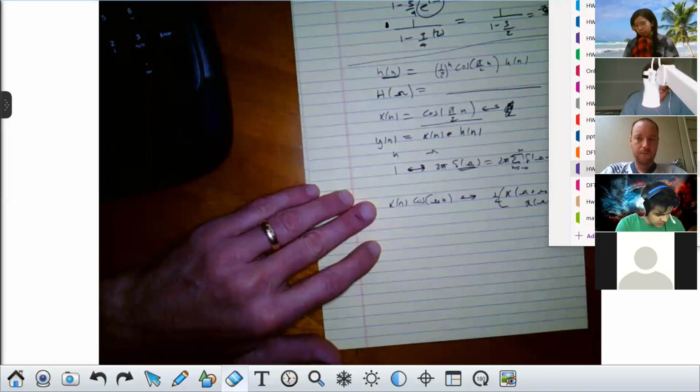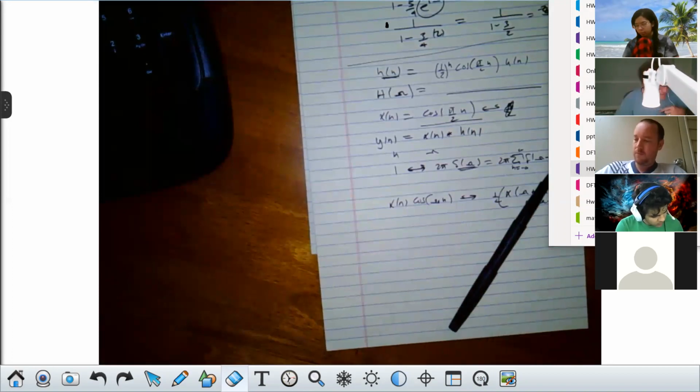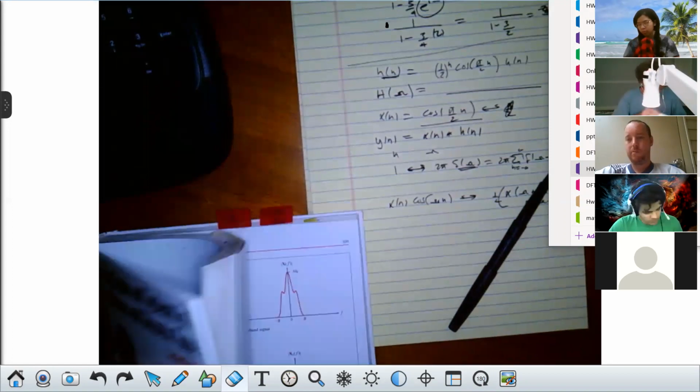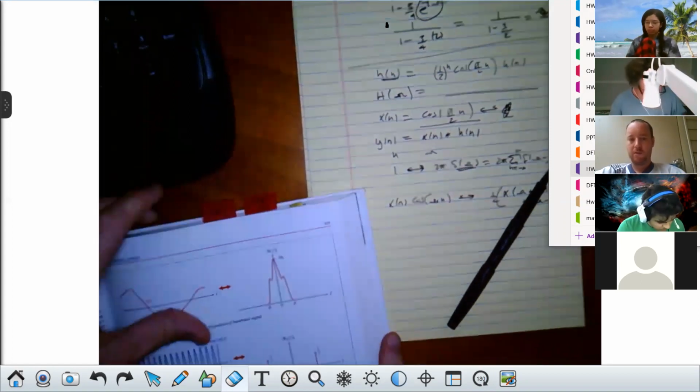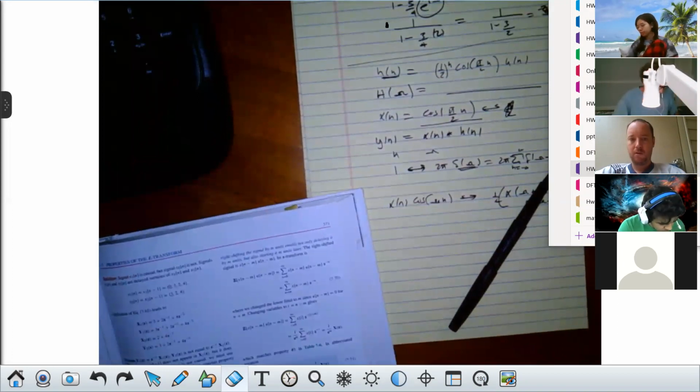Where is this in the book? Modulation is one of the properties I put down explicitly. I think the book has this one. I've got to reach my book, hang on. Can somebody tell me what page that transform is on?